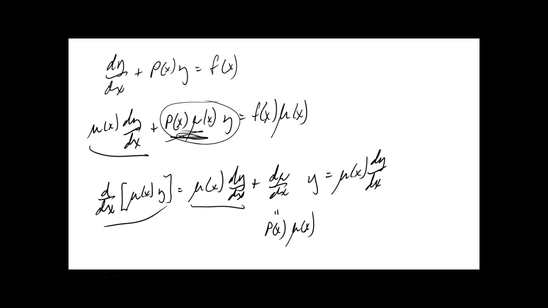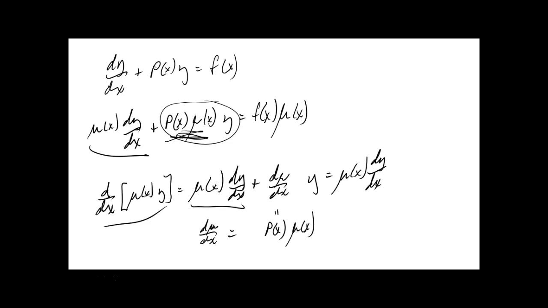So this is what we want to be true, that d mu dx is equal to mu times p. I left off the of x's there. It just makes it easier to see. The d mu dx is equal to p times mu.